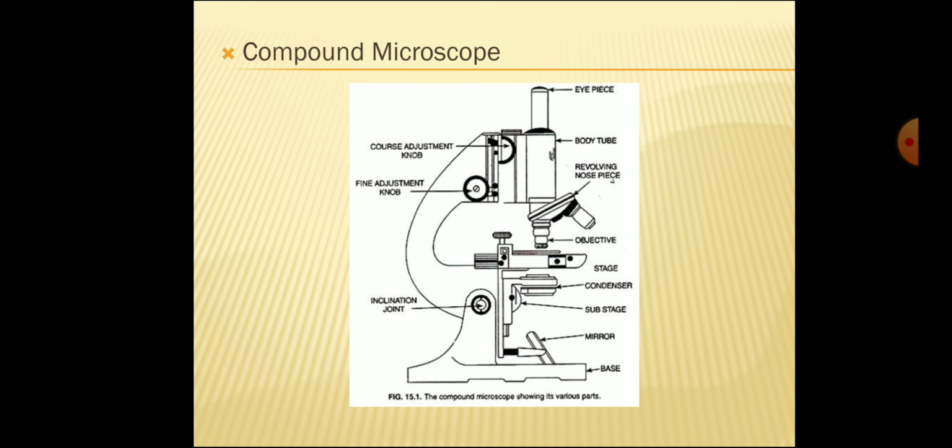As light passes directly from the source to the eye through the two lenses, the field of vision is brightly illuminated. That is why it is a bright field microscope. The object is mounted for seeing the image.